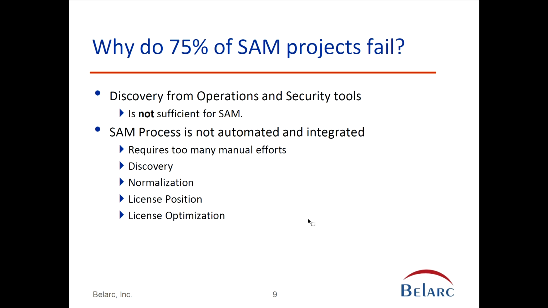Discovery for software asset management is much more complex, much more intricate, with many more metrics than are typically picked up by these operations and security tools, and you don't want to go the route of custom scripts every time you need to discover more software. So this existing process requires way too many manual efforts, and you really need an automated, integrated system to do the discovery, normalization, and effective license position.